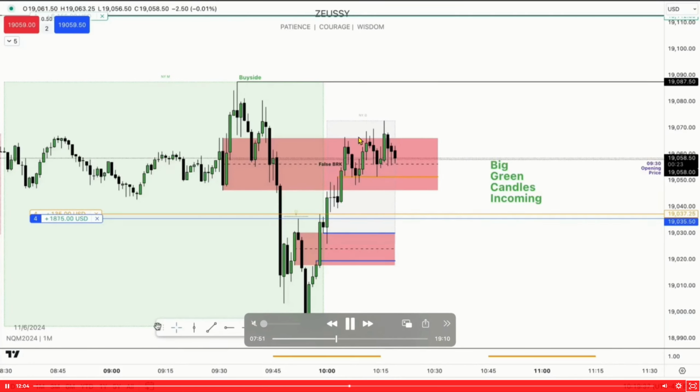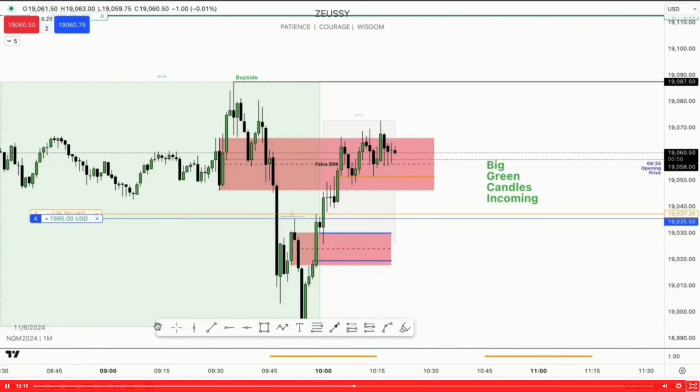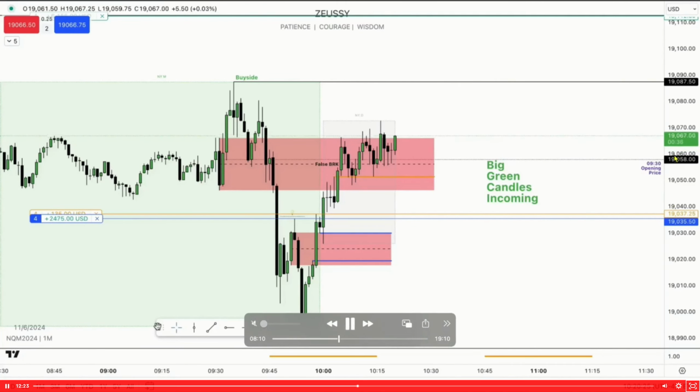It's about the delivery of price, the relationship to specific levels, the reactions to those levels, and that's what we need to monitor, that's what we need to investigate, and that's where we need to see the repeating phenomena occur. What I want you to note is that we're consolidating at a rather interesting price level, 19,050, which is of course equilibrium of the range from 19,000 to 19,100.